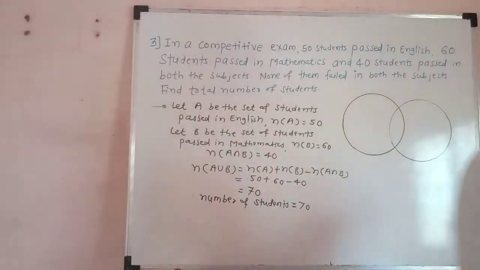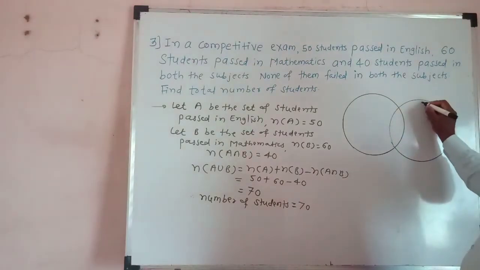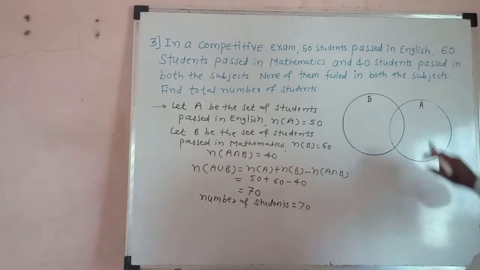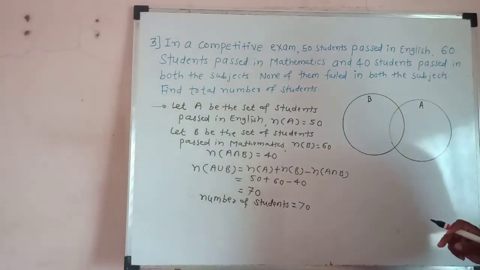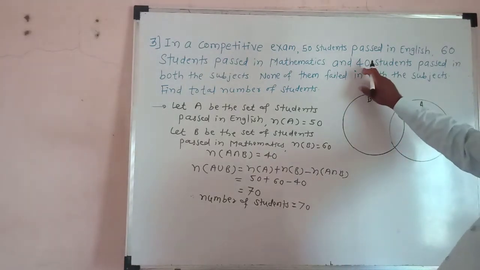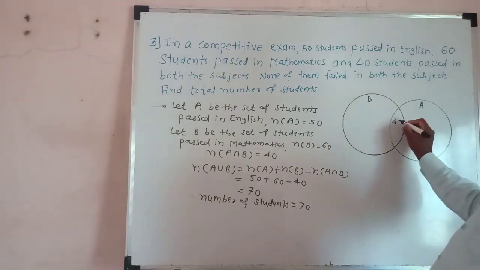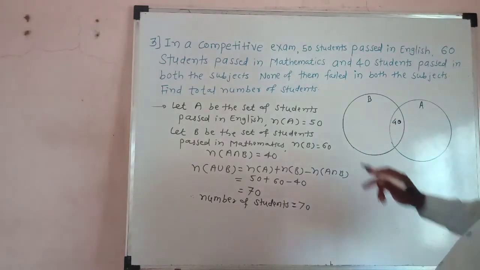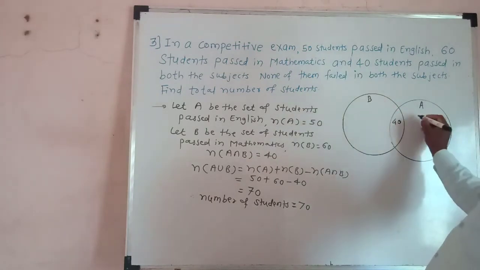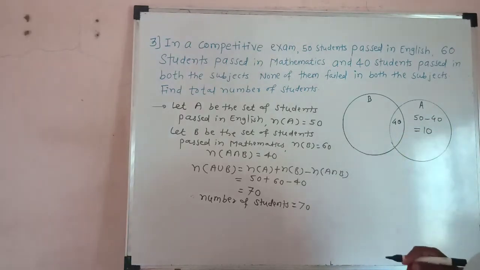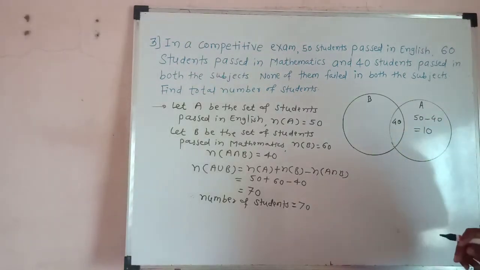Let us show by Venn diagram. This is set A, this is set B, and this is intersection of sets. That is, number of students pass in both the subjects are 40. Therefore, we write here 40. And number of students pass in English are 50 minus 40 is equal to 10. 10 students pass only in English.